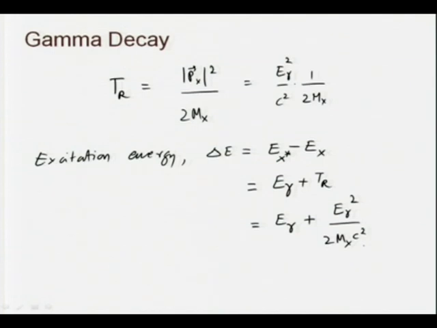In fact, we can try to get E gamma in terms of delta E and m x by considering this quadratic relation. Let me write the quadratic relation in a slightly different way.